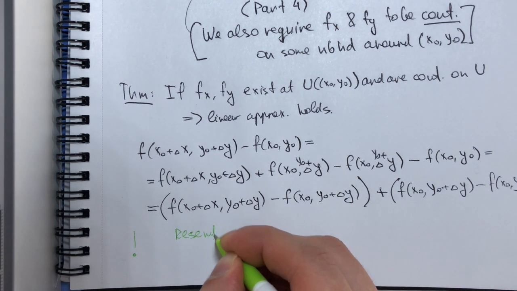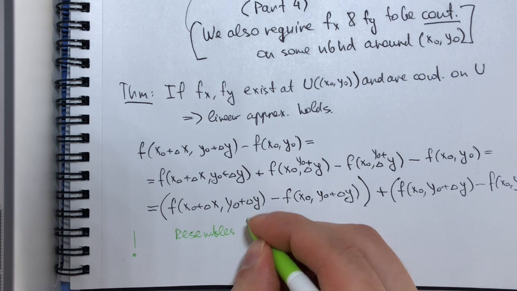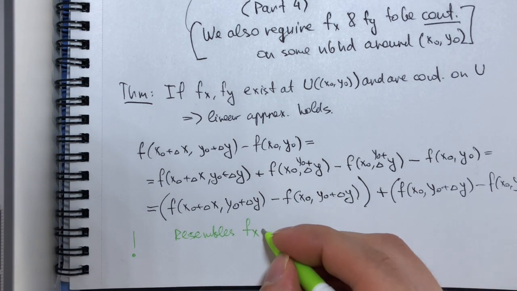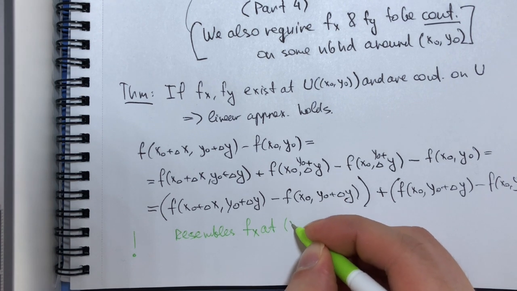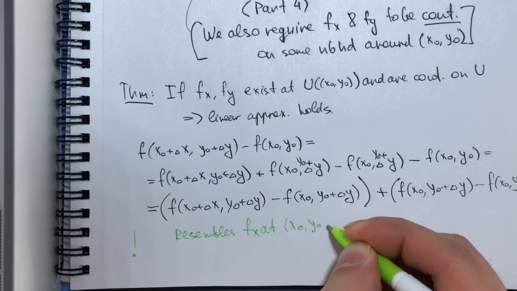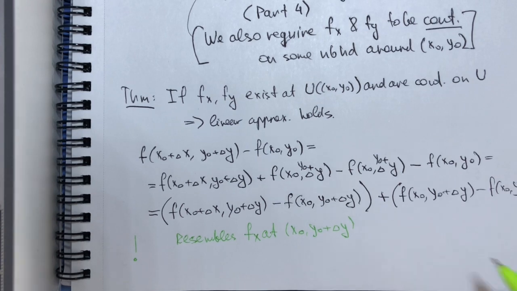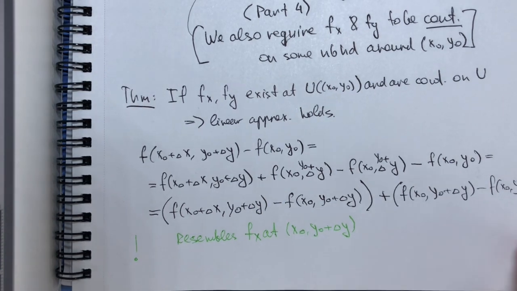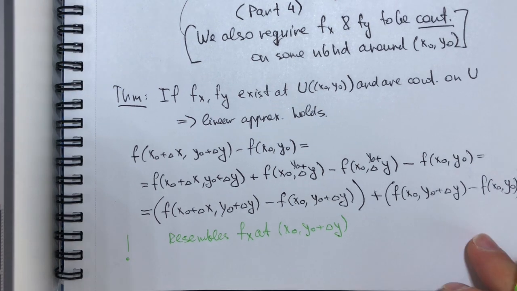So this resembles a partial derivative with respect to x at x naught, y naught plus delta y, right? If you are unsure about this, then you should recap your partial derivatives.